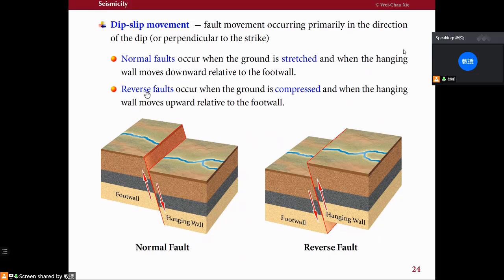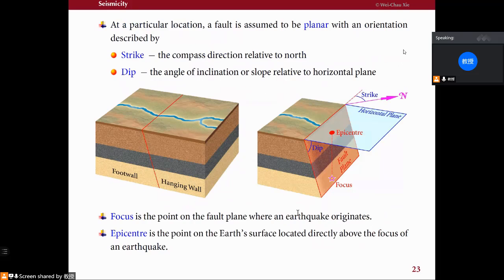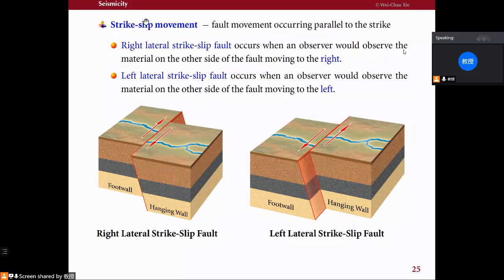Reverse faults occur when the ground is compressed and when the hanging wall moves upward relative to the foot wall. And the strike-slip movement is fault movement occurring parallel to the strike, so in the horizontal direction.